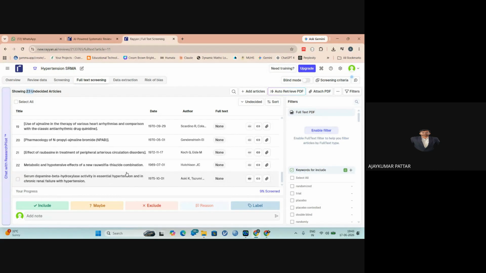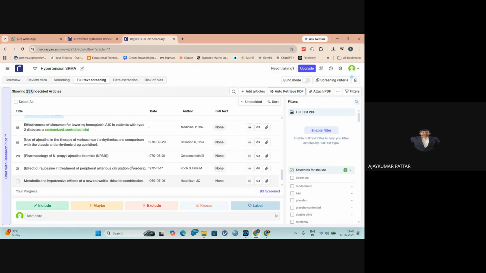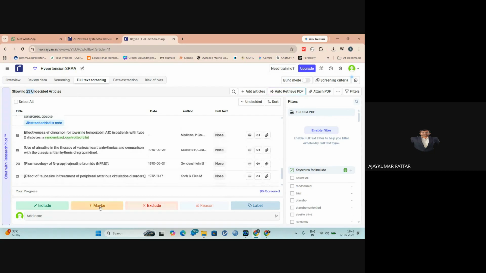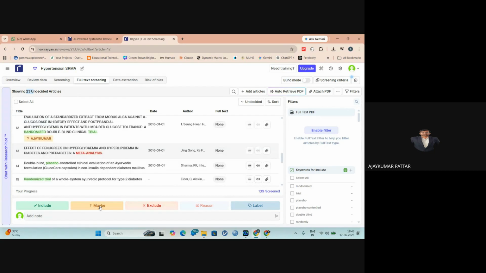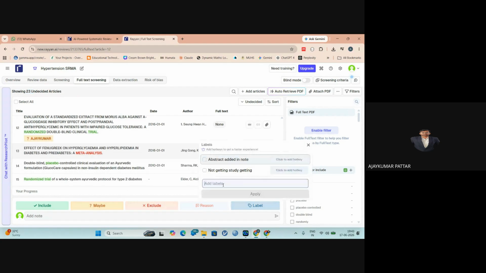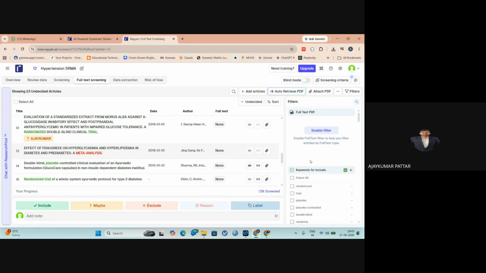Sometimes the papers are not available immediately as they are paid or not accessible. Then rather than excluding them directly, we can keep them as maybe and give the label full text pending, or full text try. We are trying, we have written the email, or we are trying to get the paper.